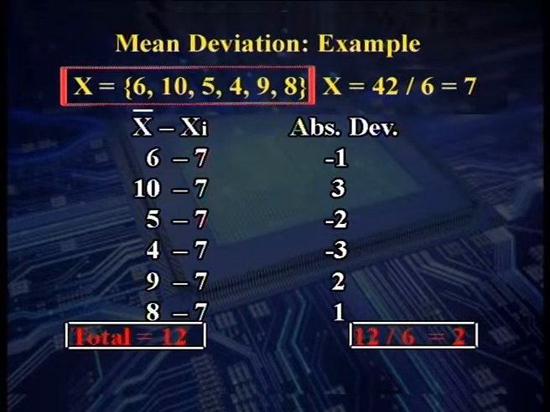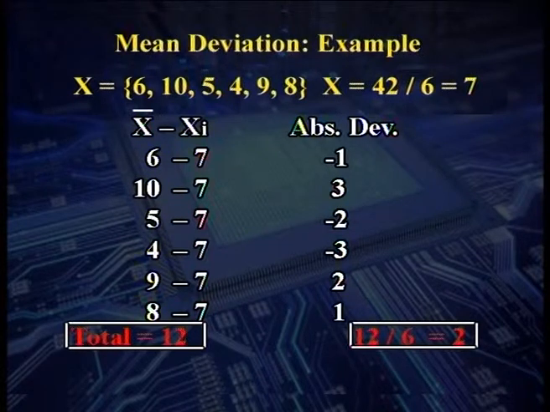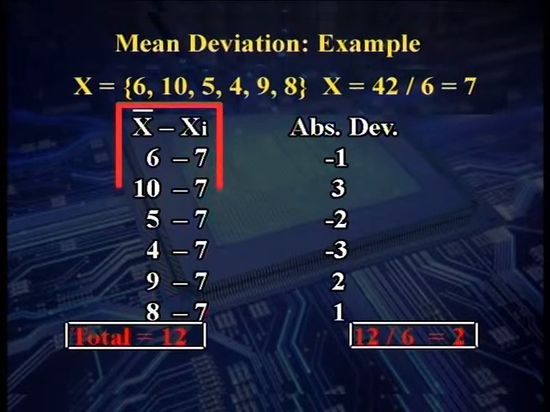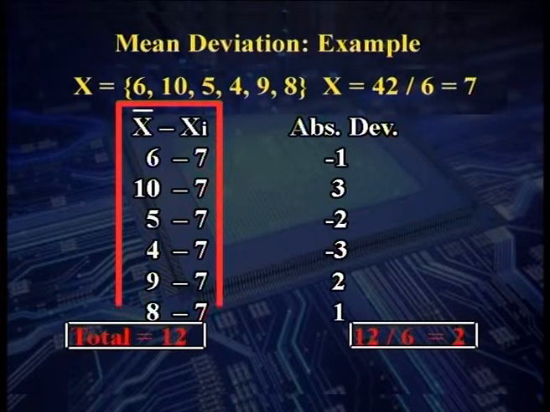So, if we take these as x bar minus xi, the first number is 6, and 6 minus 7 will be the first deviation. The second number would be 10 minus 7 and so on. The next numbers would be 5 minus 7, 4 minus 7, 9 minus 7 and 8 minus 7. So, what we are doing here is subtracting 7 from each number in the data set to find out how far away it is from the mean.